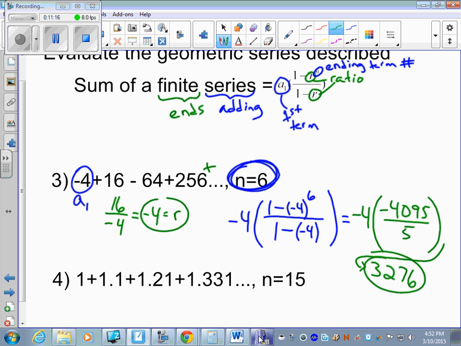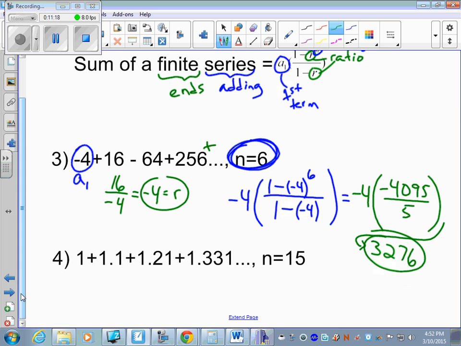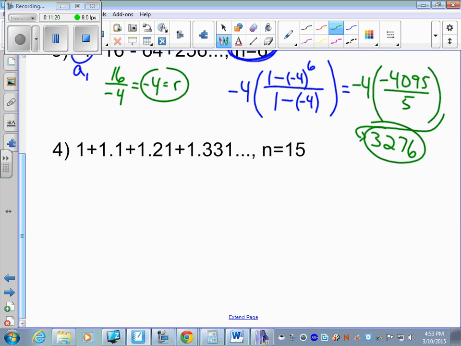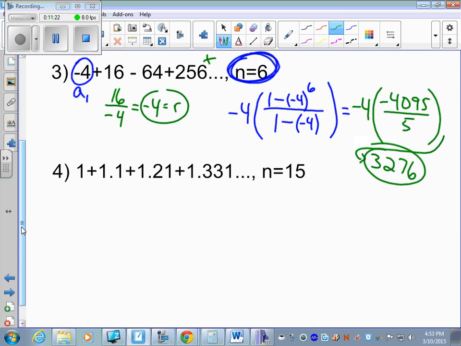Moving on to number 4. Here, you have to add up the first 15 terms. And this one's not so easy. Given are 1, 2, 3, 4 terms. I'm going to go up to 15, so I'm definitely going to use the formula. We have to find the first term, that's easy. We need to know the common ratio.